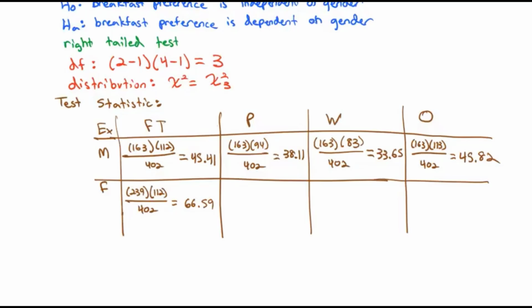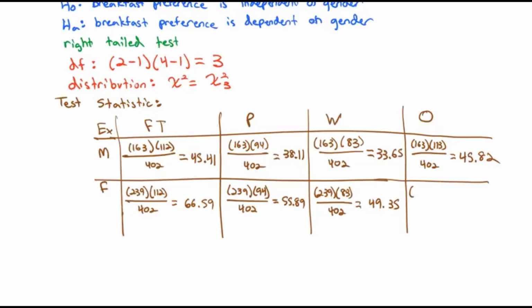With the pancakes, 239 times the column total of 94 divided by the total of 402, 55.89. With the waffles, the row total of 239 times the column total of 83 divided by the total of 402. The expected value is 49.35.